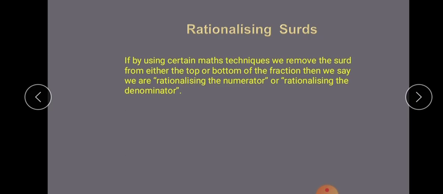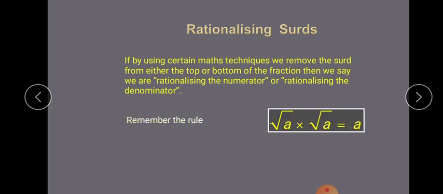Now how to rationalize? While rationalizing, we have to apply the rules which we have learned, like root a into root a is always equal to a. This rule is very important. We are going to use this rule as the foremost rule for converting irrational to rational numbers, which is also called rationalizing surds.